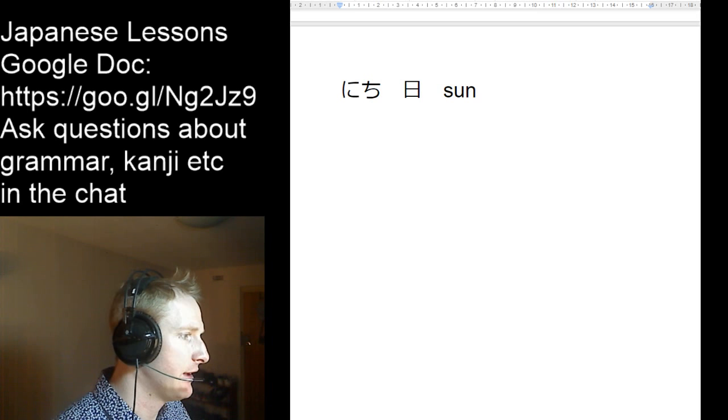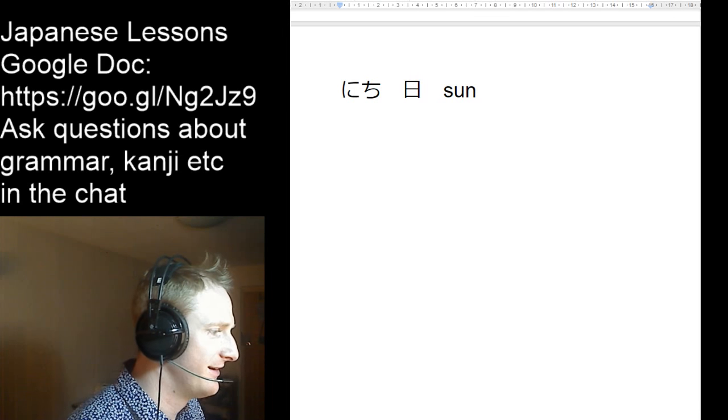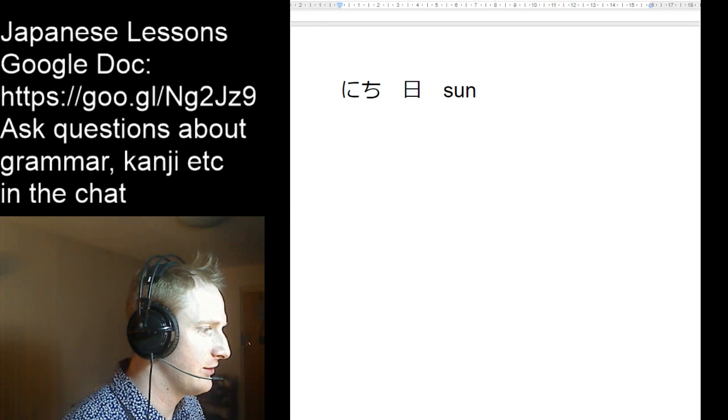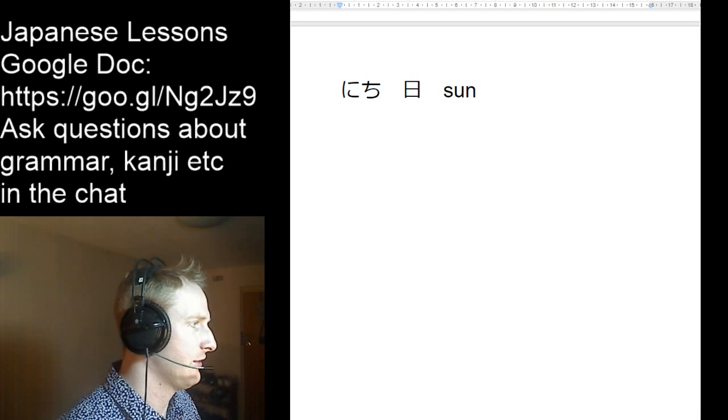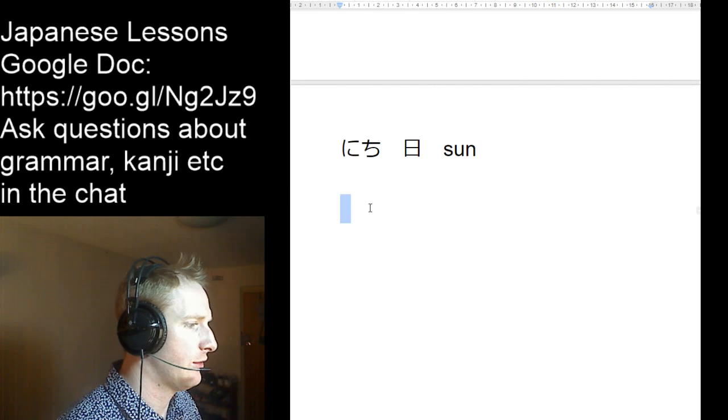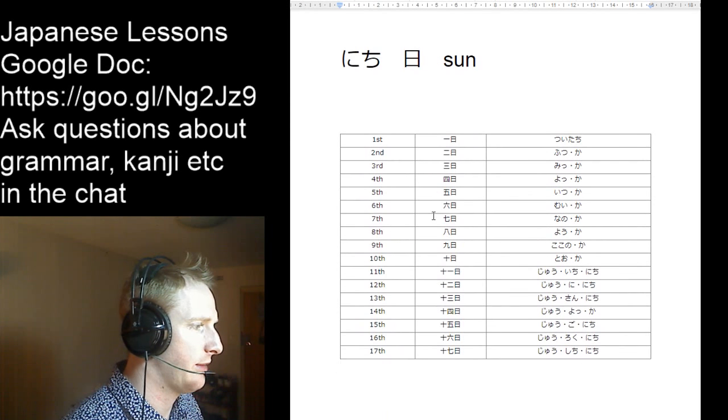And every other number, I missed 20 from that list as well, sorry. So 1 to 10, 14, 20, and 24. But apart from those, they all follow a pretty standard pattern.